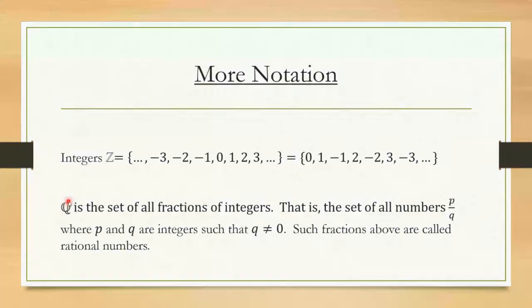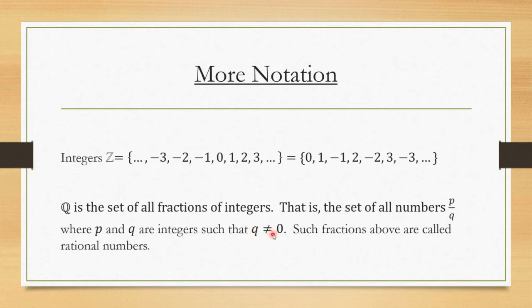It's denoted by this funny looking Q, and this is the set of all fractions of integers, which as you can see from here is the set of all rational numbers. And again, this is the set of all numbers of the form P over Q, fractions, where P is an integer, Q is a non-zero integer.